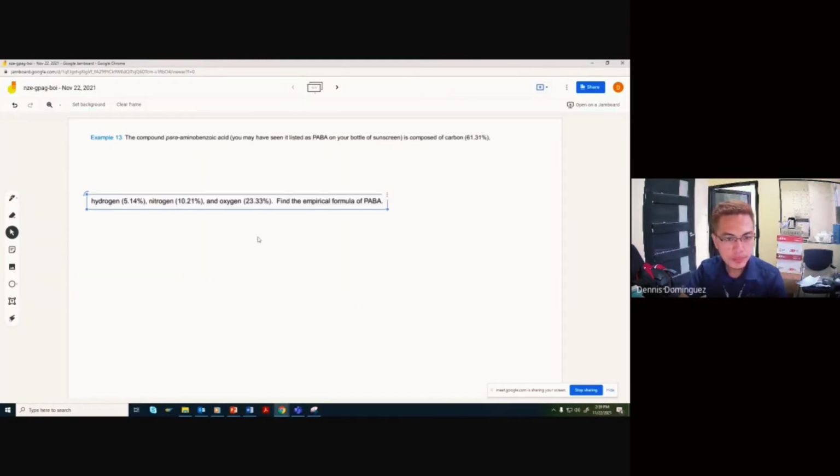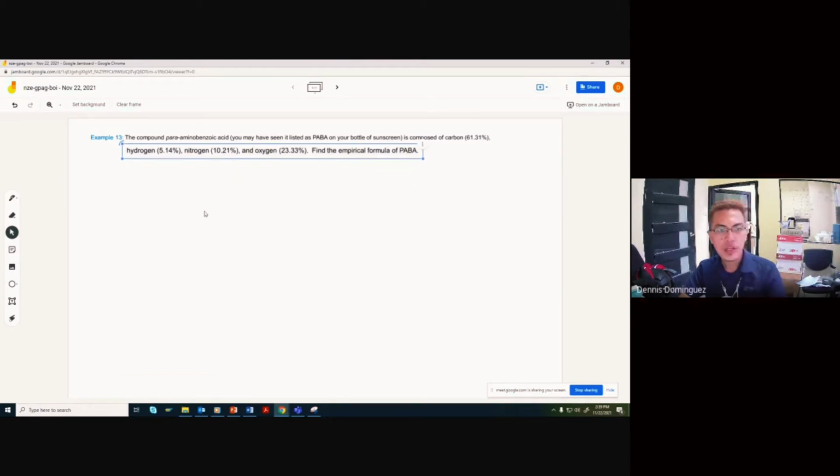So is it clear? The compound para-amino, meaning if you hear para in organic chemistry, they are distant, not friends, that's the opposite. So this is the first attachment of amino, and this is the side of another amino compound, amino acid in this part.